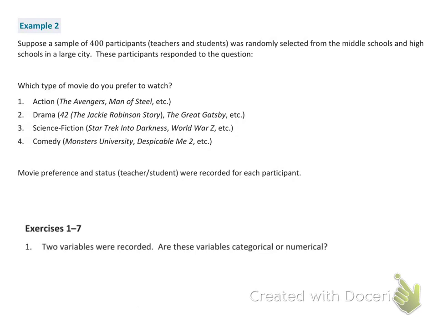Movie preference and status were recorded for each participant. So 2 variables were recorded. What were they? The variables that were recorded were movie preference and status. Whether you're a teacher or student is your status.